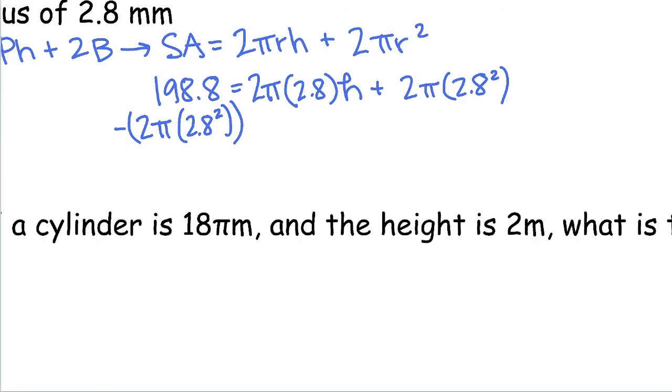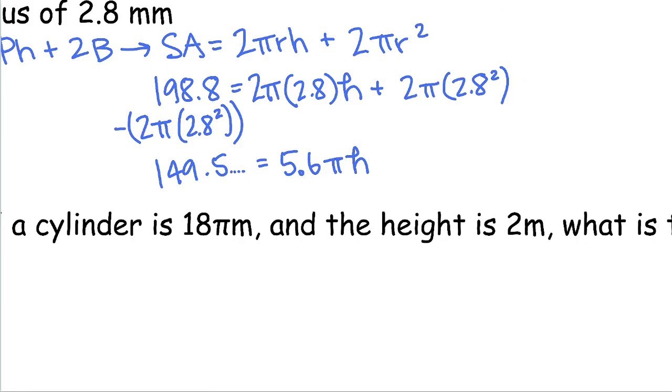And now we're at this 149.5 is equal to, I'm going to go ahead and do the 2.8 times 2, which is 5.6. So 5.6π times h.